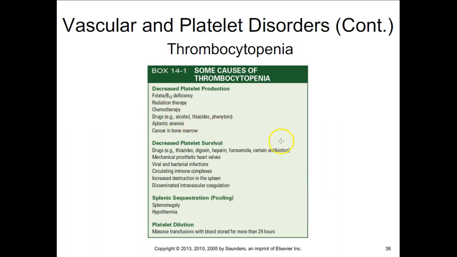You might see chemotherapy and drug use. Some increased platelet destruction: you might see viral and bacterial infections, including drugs like thiazides and furosemide, which are both diuretics, right? And then disseminated intravascular coagulation, DIC. And then you might see splenomegaly and hypothermia as well.